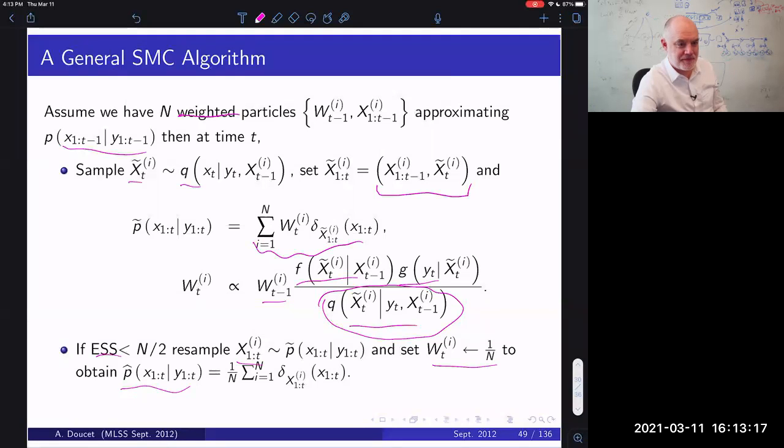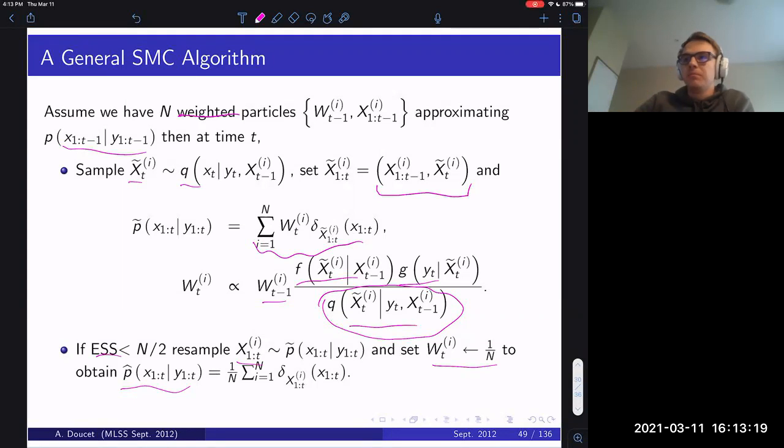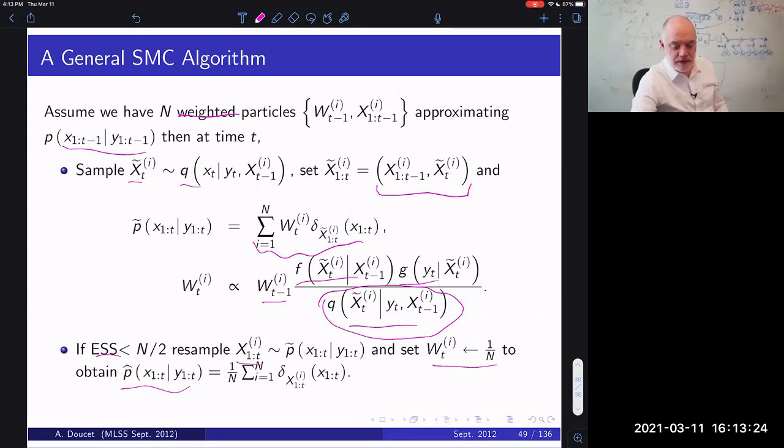I mean, yeah, why would we not sample from F, basically? Because F is the prior, and it may be that a particular observation at a particular time step says the true value of X at that time step is very unlikely given that observation.